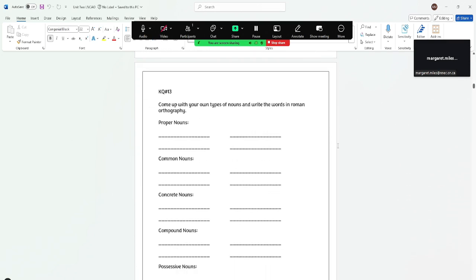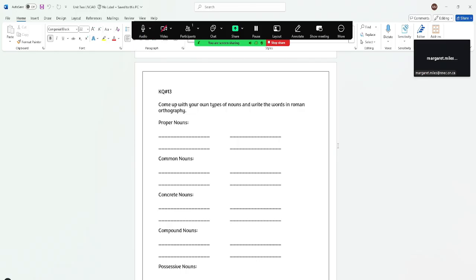Key question number 13. Come up with your own types of nouns and write the words in Roman orthography. So first one, proper nouns. Here I showed you the types of nouns and examples. For example, Elias, Thunder Bay, Pepsi.